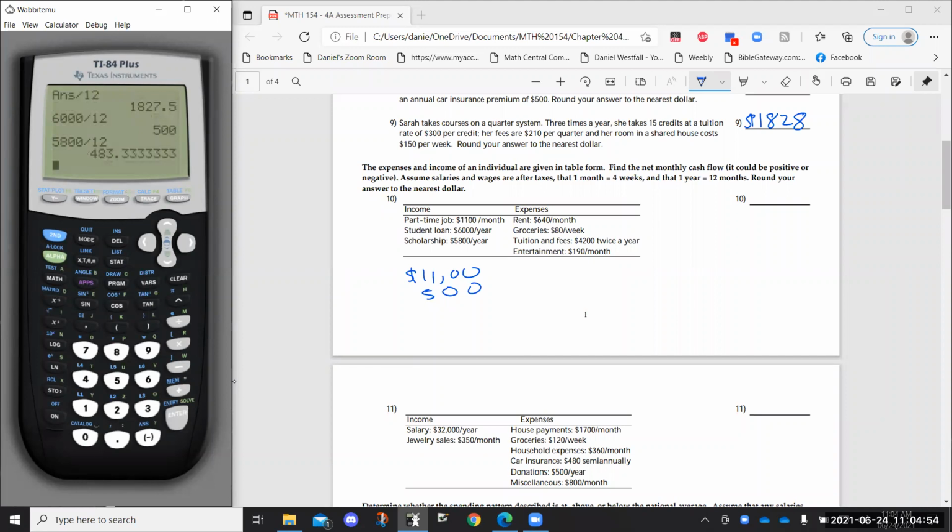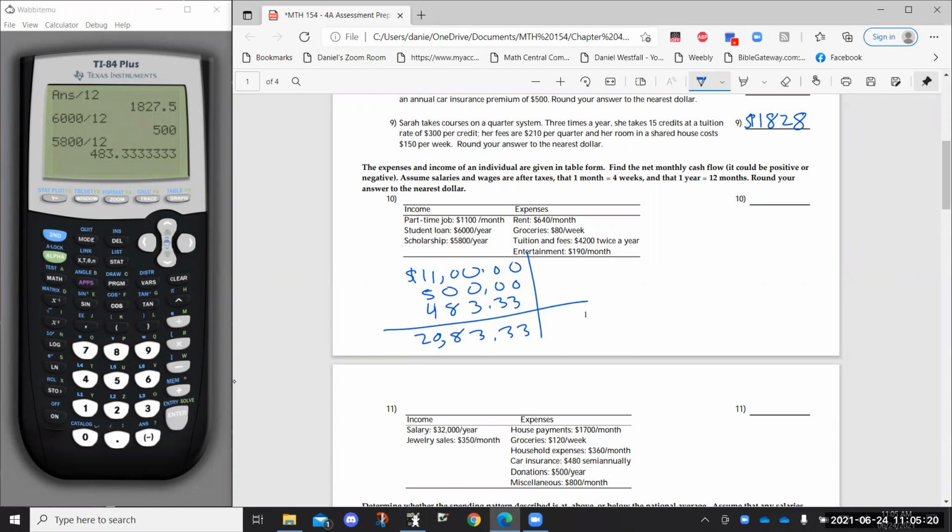We're going to say that that's 483.33. So on this side over here, it says it's the nearest dollar, but we're going to keep this in dollars and cents for just a second. So that's our positive part.